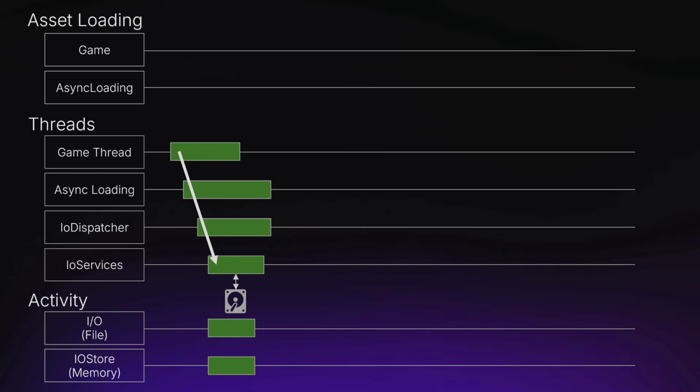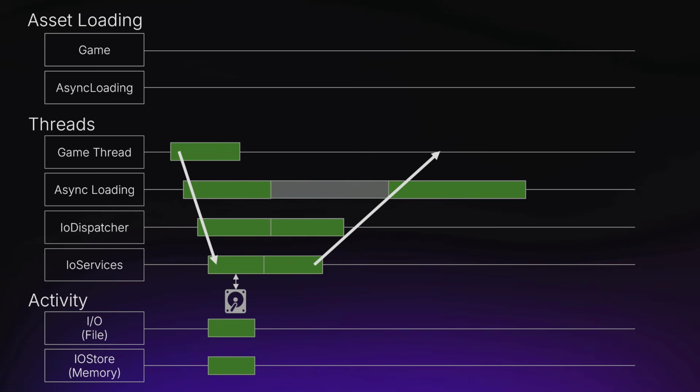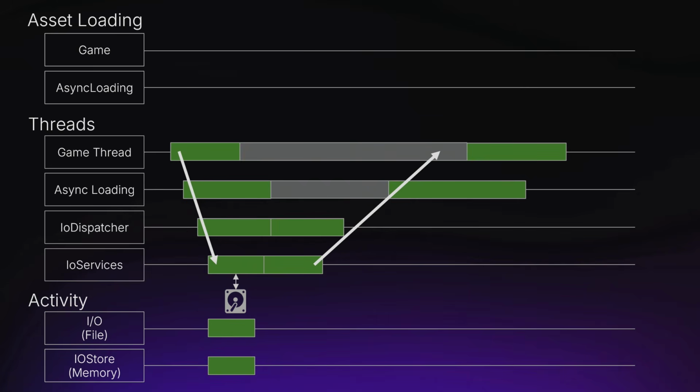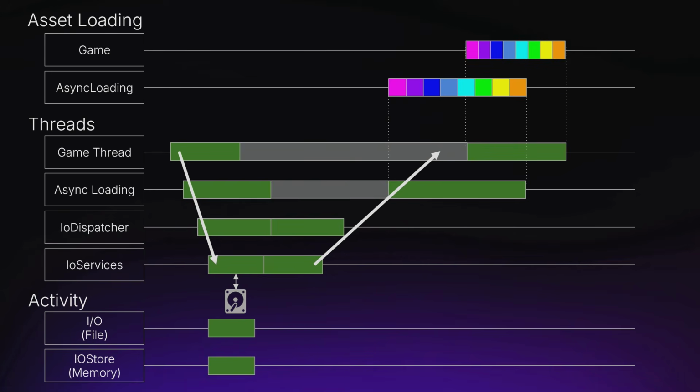Once loading is complete, the data returns to the game thread for deserialization and initialization. At the same time, we record asset activity in the loading track. This presents the full asset loading cycle. Once complete, the asset is ready for gameplay use.